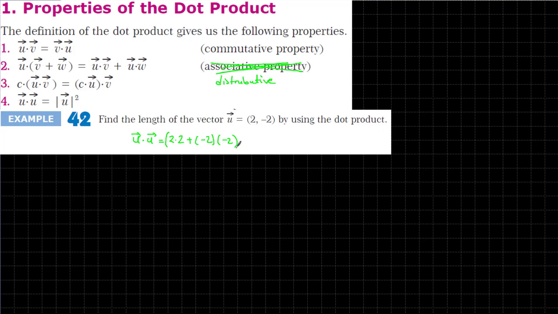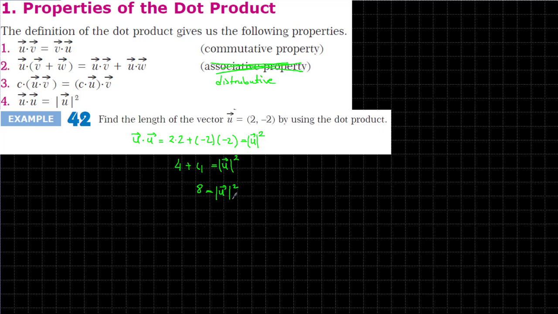The result is u distance squared, which is equal to 4 plus 4, so the squared length of u is equal to 8.